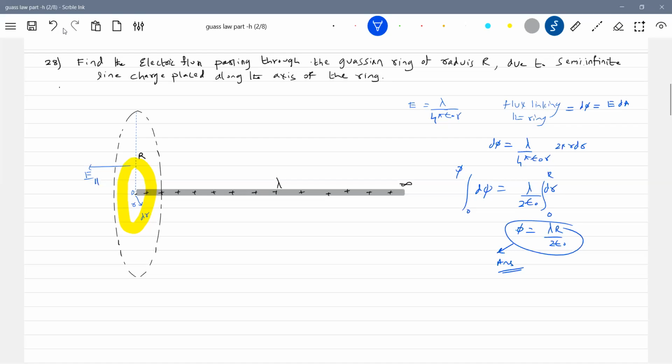E parallel. What about E perpendicular? E perpendicular will be like this. I'll write it down. No problem. Due to E perpendicular, what is the flux linking? Will be 0, no? Because E perpendicular will be perpendicular to n cap, whereas E parallel will be parallel to n cap. So all the flux linking the ring will be only due to E parallel.